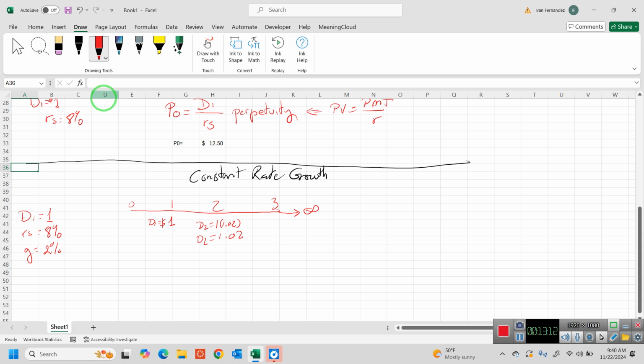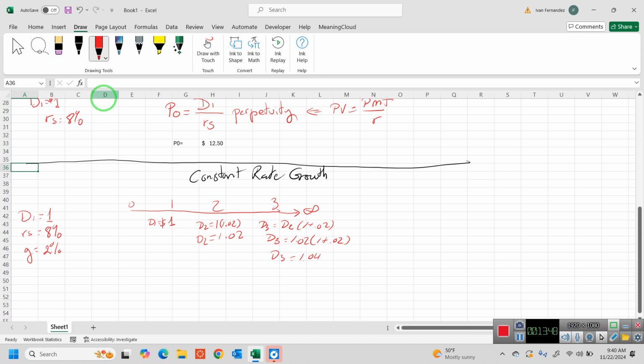Sorry, this goes on forever, because D3 will be D2 times 1 plus 0.02, right? So D3 will be 1.02 times 1 plus 0.02, and that's like 1.04 something.